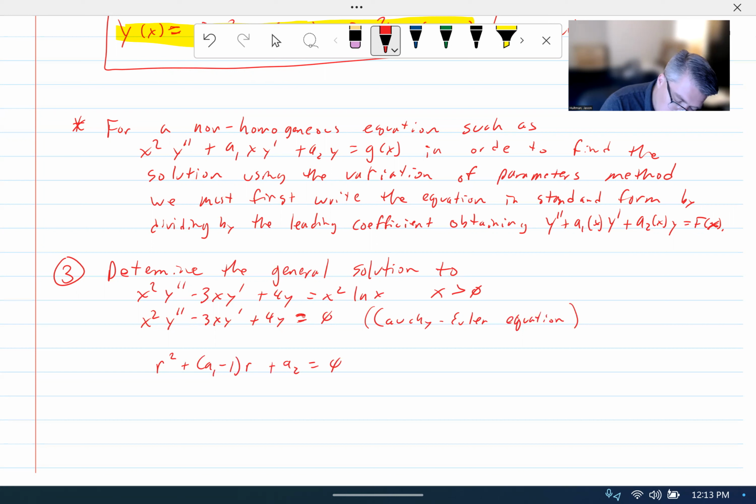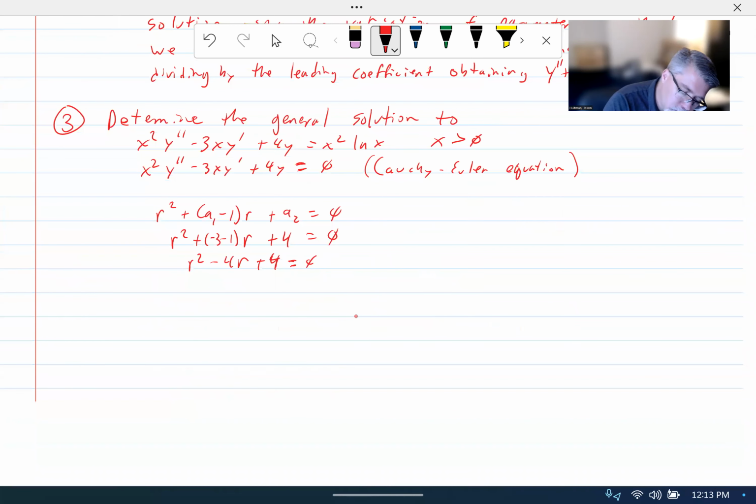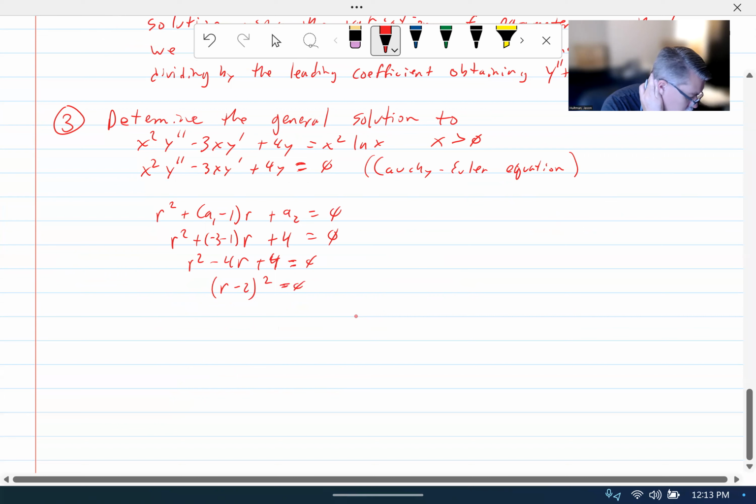So we're going to get r squared plus negative 3 minus 1 r plus 4 is equal to 0. This is going to be r squared minus 4r plus 4 equals 0. And so that's r minus 2 squared equals 0. So I have a repeated root of multiplicity 2. So r is equal to 2.